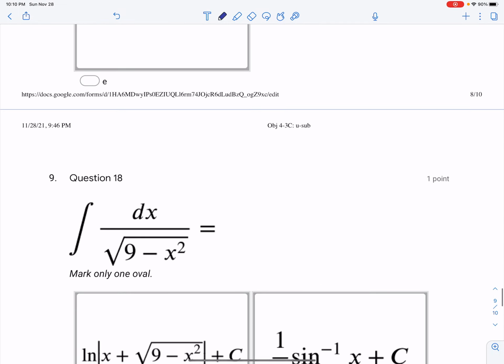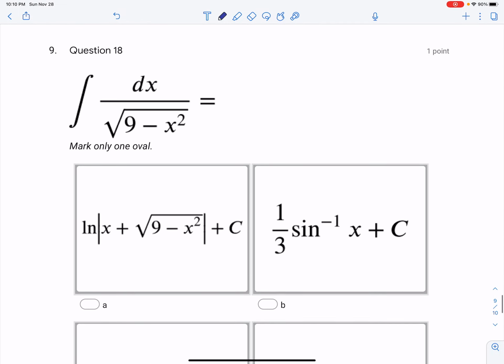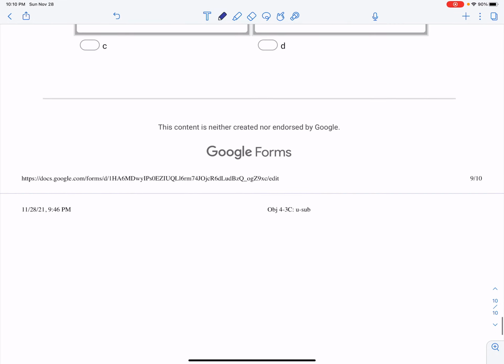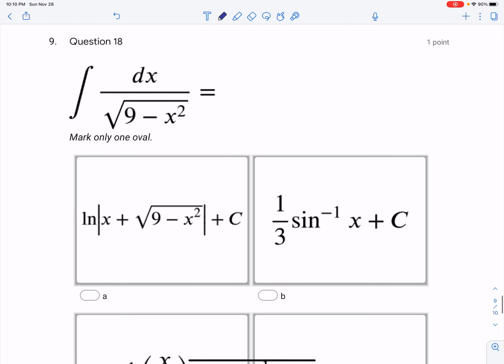Okay, not that one. We'll do this one. Okay, so this one is the exact same thing as your grade scope, which is the last one here. So don't get u substitution happy. Before there was an x here, and so it was really easy for us to do u substitution.